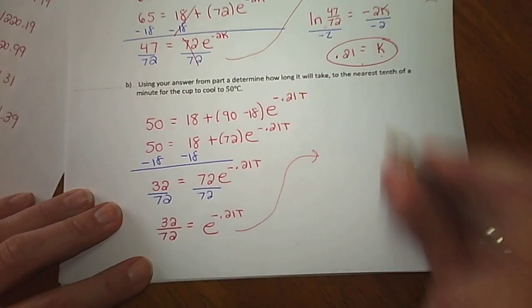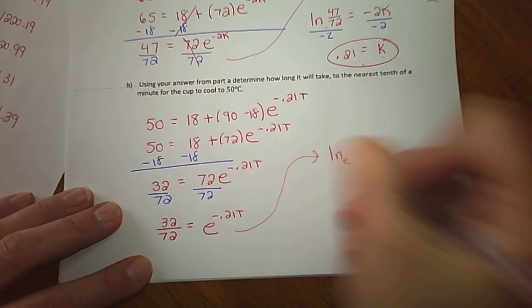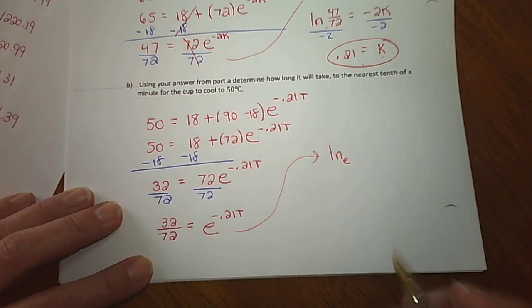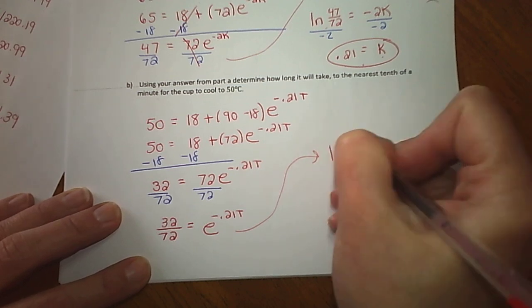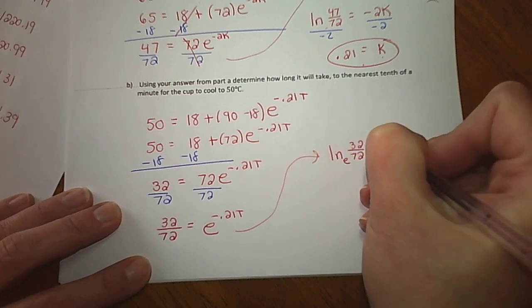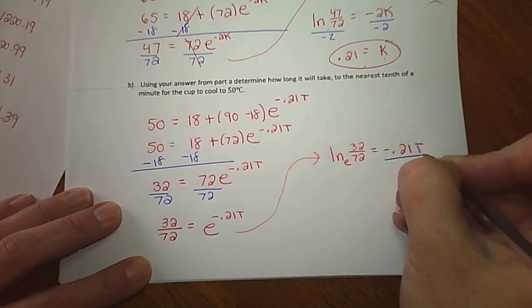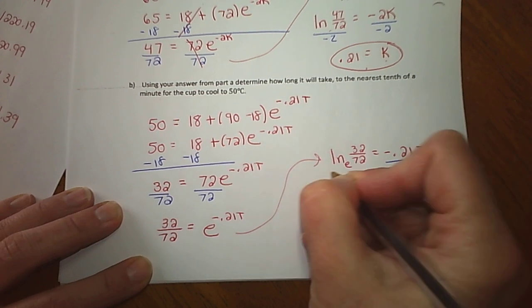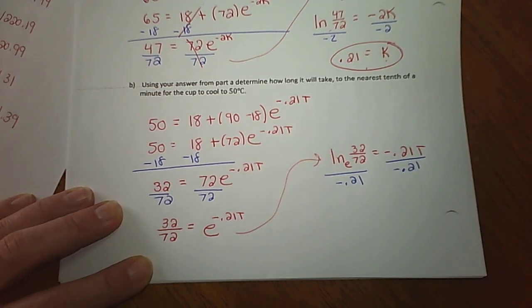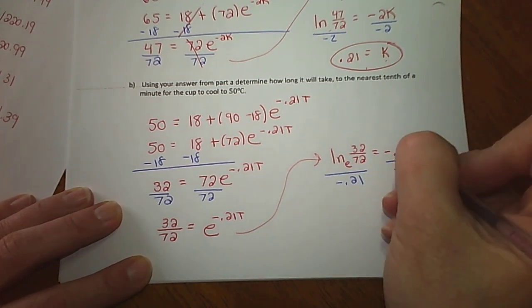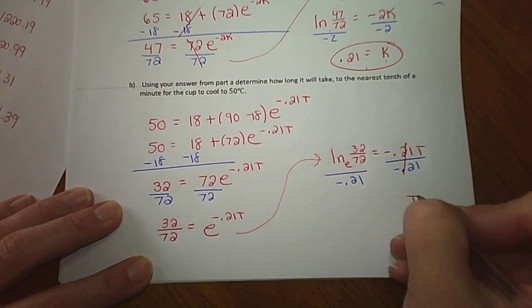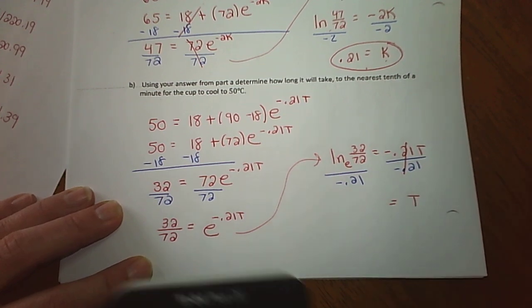Now we're going to do the log. So we're going to do natural log. Again, you can put the e there if you want to. You don't have to. 32 over 72 equals negative 0.21t. And then we're going to divide by negative 0.21. So t equals, and it says to the nearest tenth.